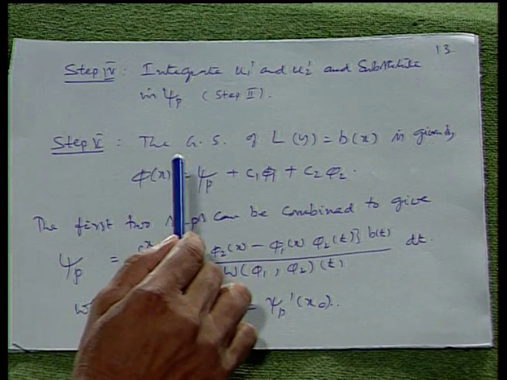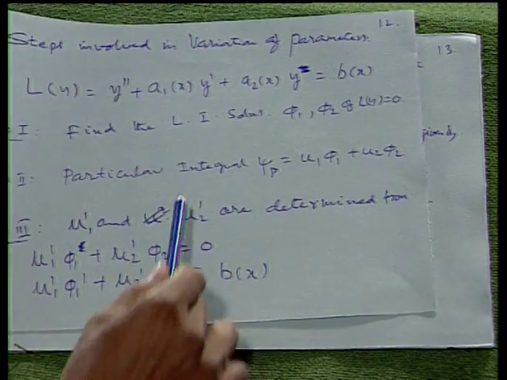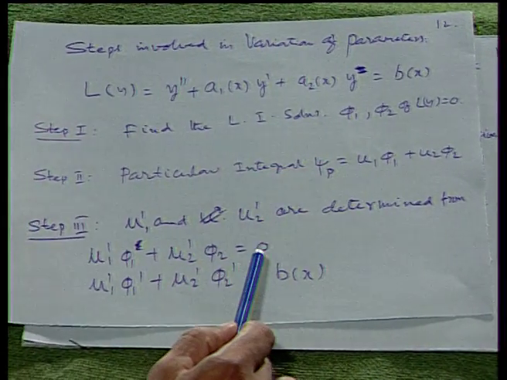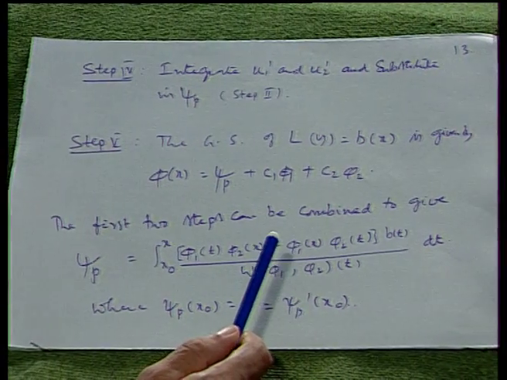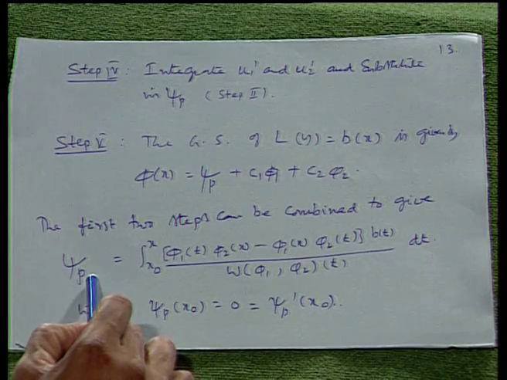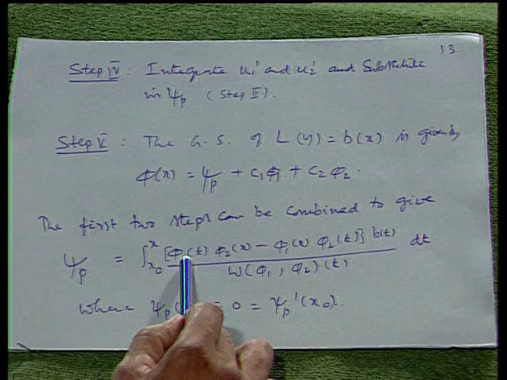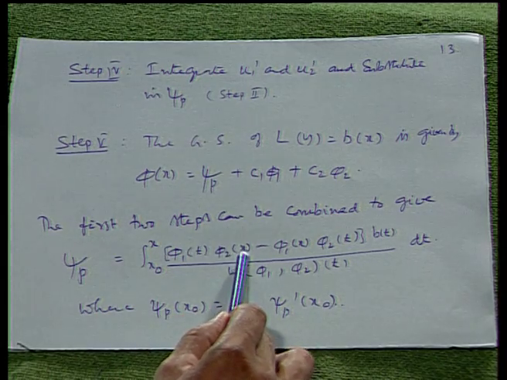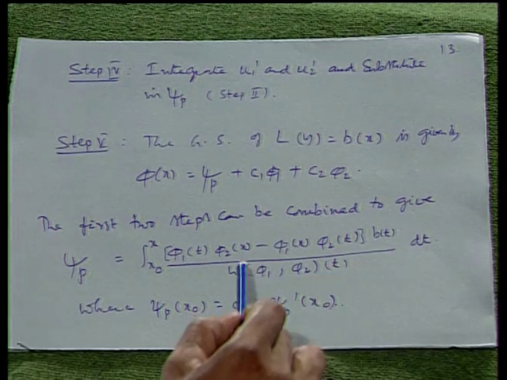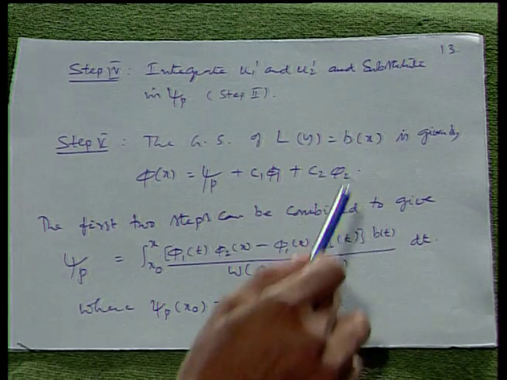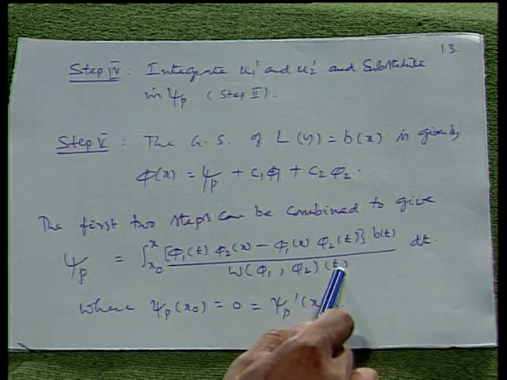Now, in fact, these steps 1, 2 and 3 can be combined, and you can give a direct formula for ψp, namely ψp is equal to the integral from x0 to x of [φ1(t) φ2(x) − φ1(x) φ2(t)] multiplied by b(t), where b(t) is the non homogeneous part, divided by the Wronskian W(φ1, φ2) at t.